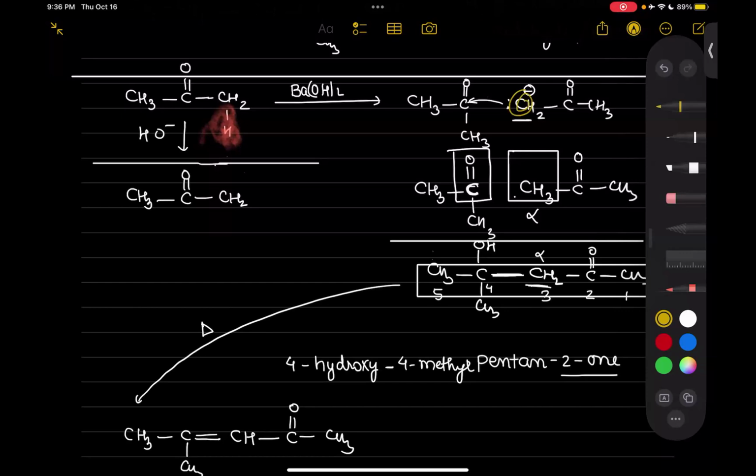This is the alpha carbon, right? Marwa, any idea? What's so special in alpha carbon? Why not beta?